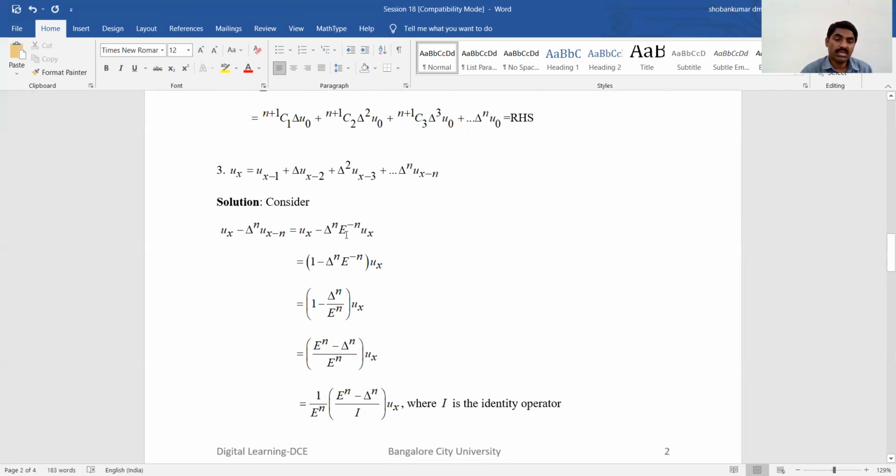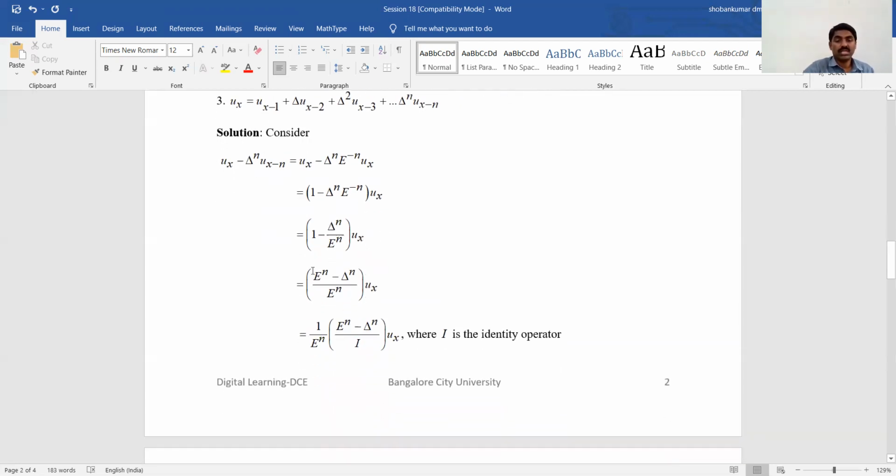And ux minus n can be written as e raised to minus n ux. That is equal to, now ux take it outside, remaining 1 minus delta n e power minus n. Now it can be written as 1 minus delta n, e raised to minus n can be written as 1 divided by e raised to n, into ux. Now take the LCM, e raised to n minus delta raised to n divided by e raised to n into ux.